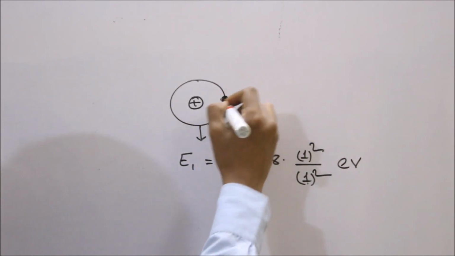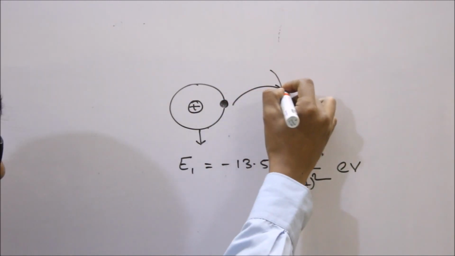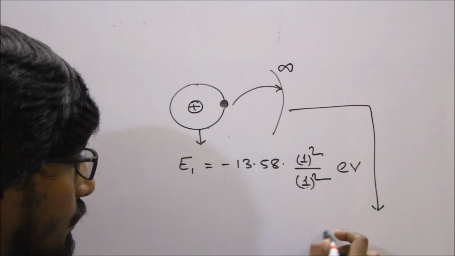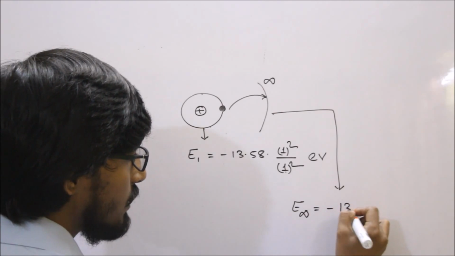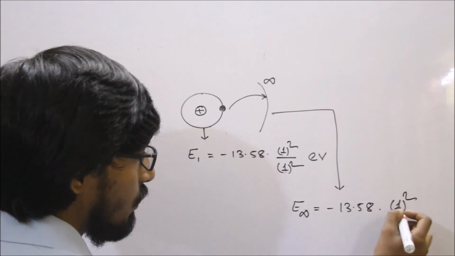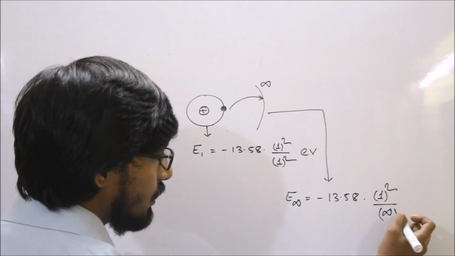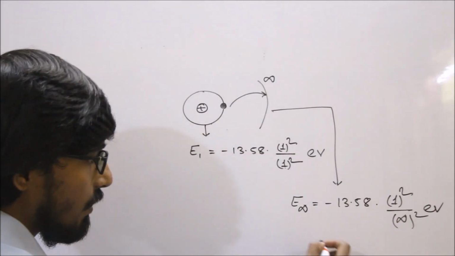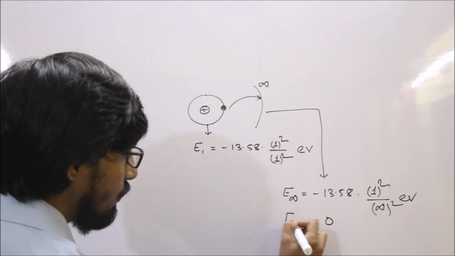Now we have to remove this electron from the first shell to the infinite shell. What is the energy of this infinite shell? E infinite equals minus 13.58 into 1 square, the atomic number, by infinite square, the principal quantum number of the shell. So E infinite will be 0.